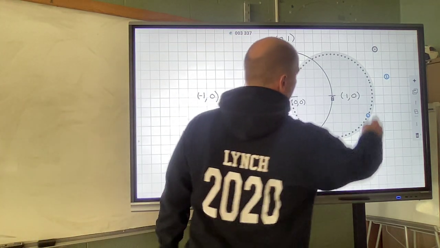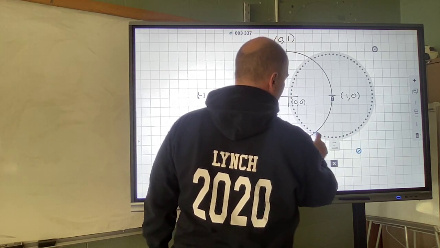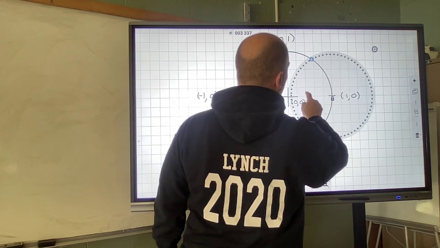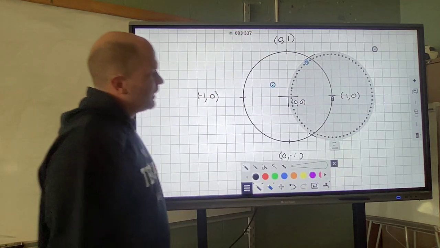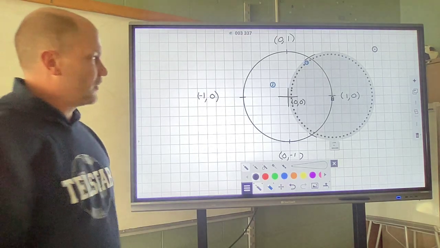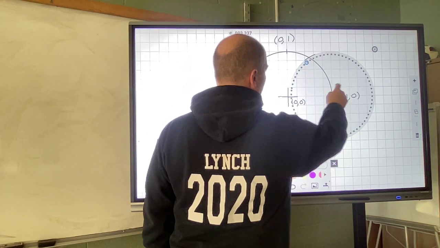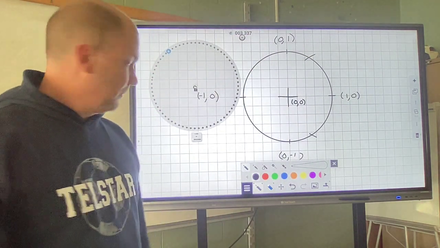I am then going to find the intersections of it. There's one down there, and there's another intersection right up there. So those are my 2 intersections. Let me get rid of or move this compass for a moment. So we are going to look at these 2 points.